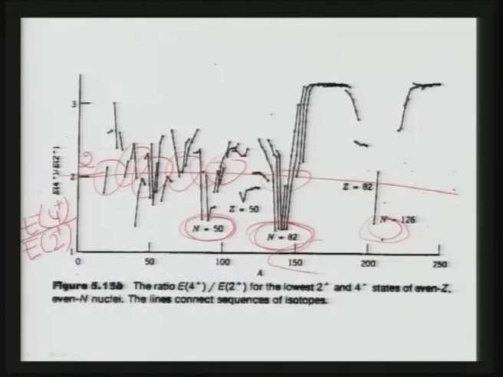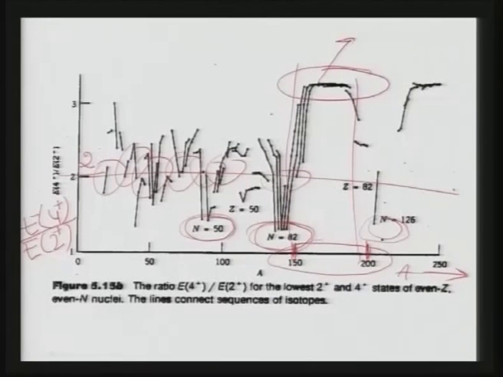And where is our 150 to 200 range? It is here. Capital A equal to 150 is here, and capital A equal to 200 is here, and look at it, the ratio is around 3.3. This ratio is 2 here, this line is 3 here, and here it is almost constant, and the ratio is 3.3.